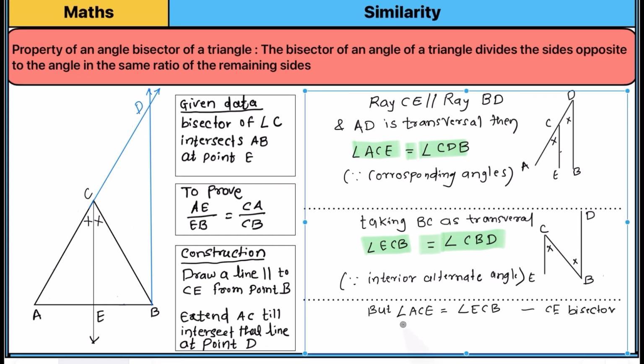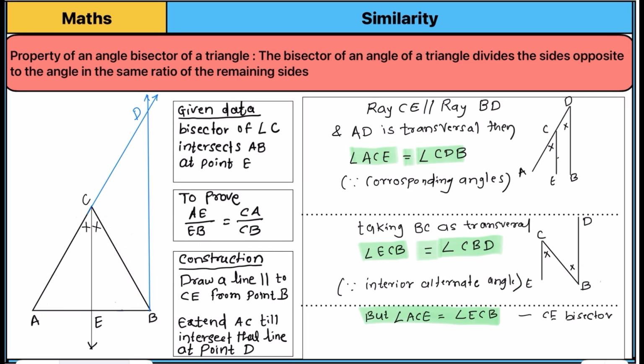But angle ACE is equal to angle ECB. Let me show you where those angles are. Angle ACE is equal to angle ECB. Why? Because CE is the bisector. So these two angles are equal. Now please pay close attention to the green highlighted portion.